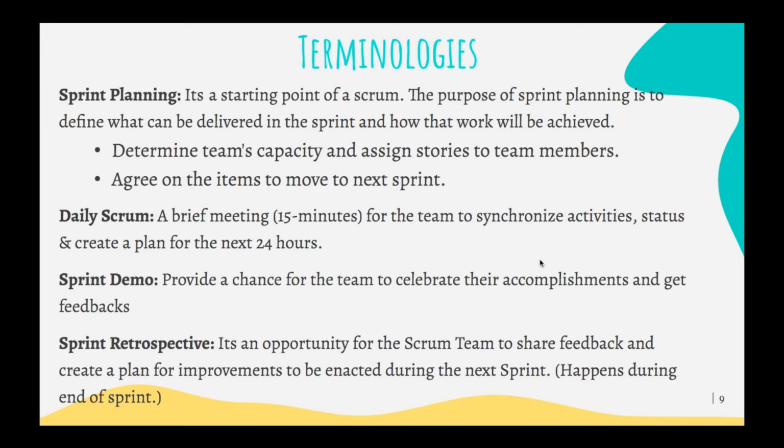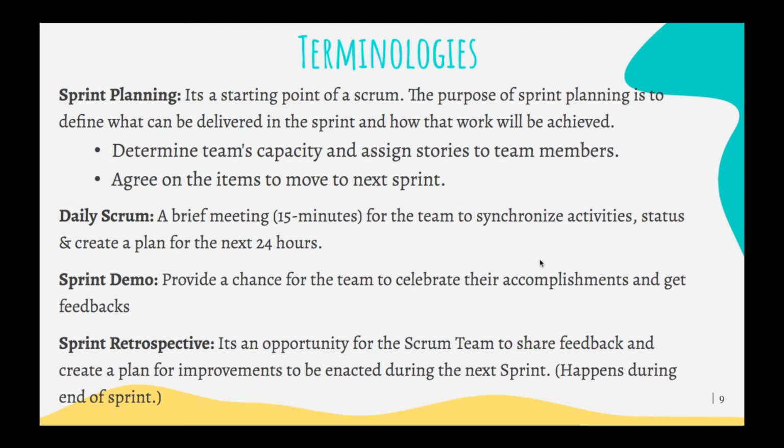Sprint demo. It's the end of the sprint period where developers and testers have to showcase their work, provide an example, show the test results, and get it approved. It's a good chance for the team to celebrate their accomplishments and get feedback from the product owner.